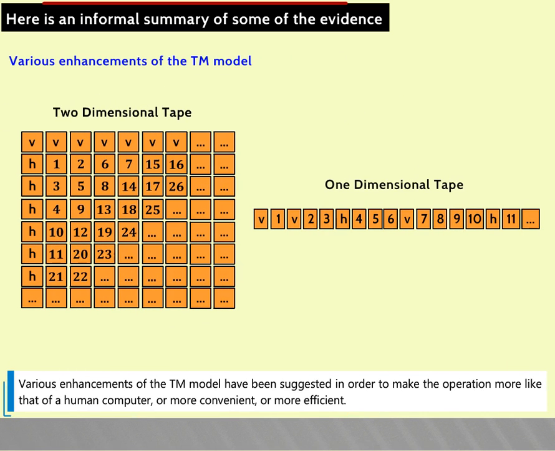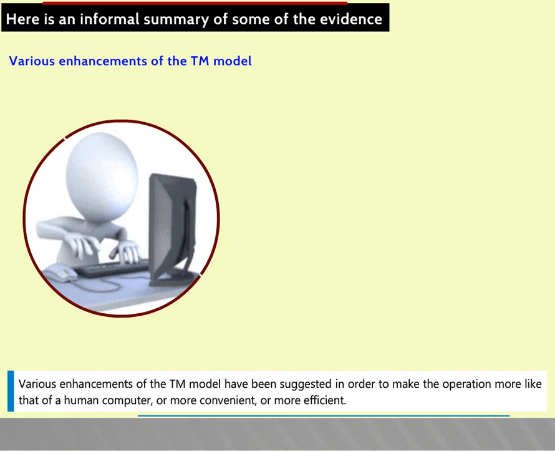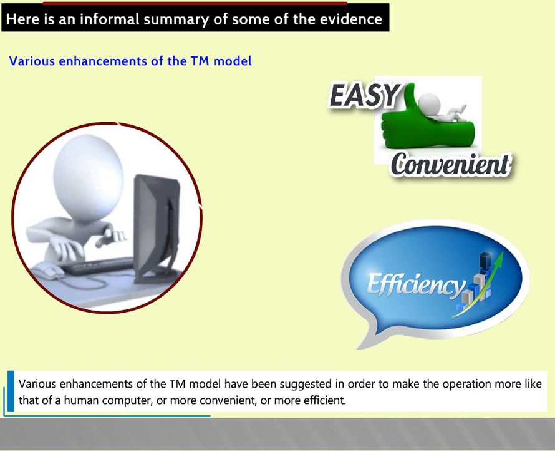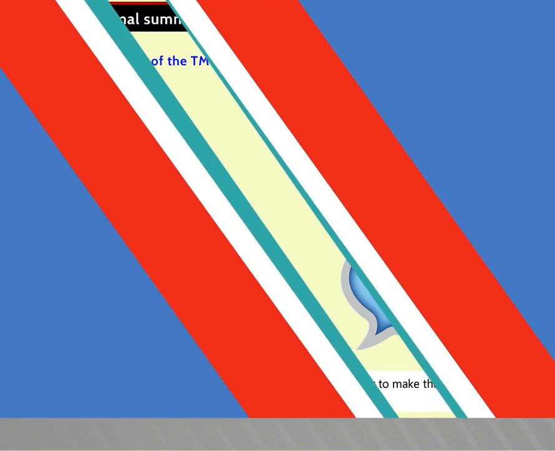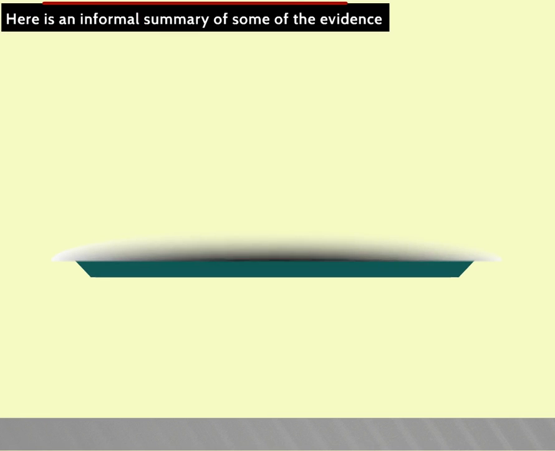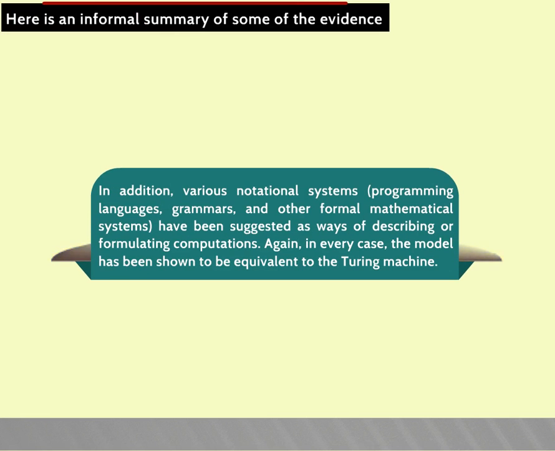Various enhancements of the TM model have been suggested in order to make the operation more like that of a human computer, or more convenient or more efficient. In addition, various notational systems, that is, programming languages, grammars, and other formal mathematical systems have been suggested as ways of describing or formulating computations.